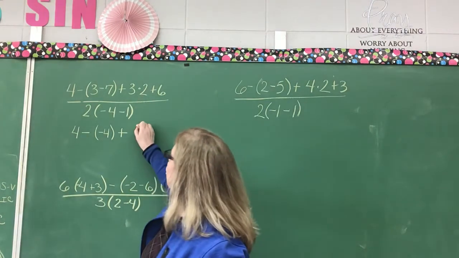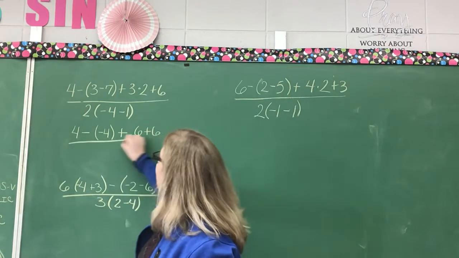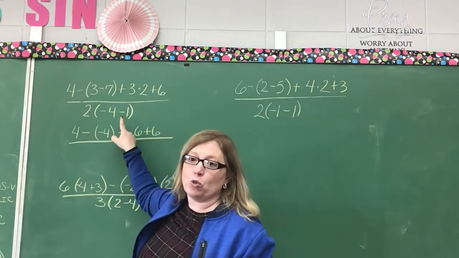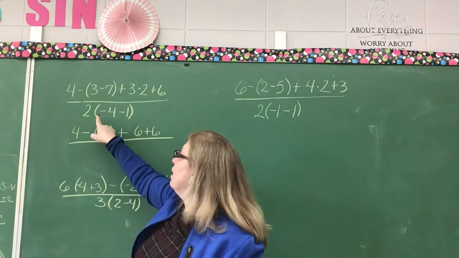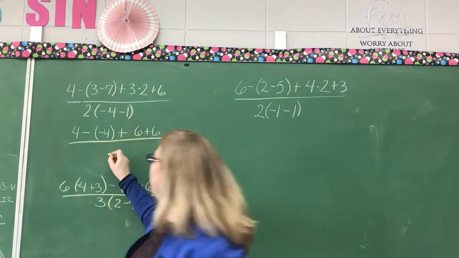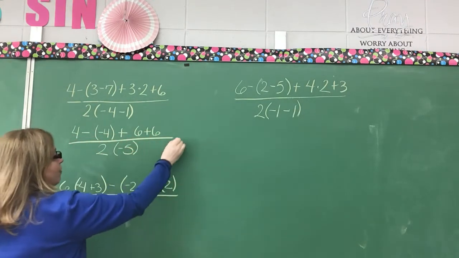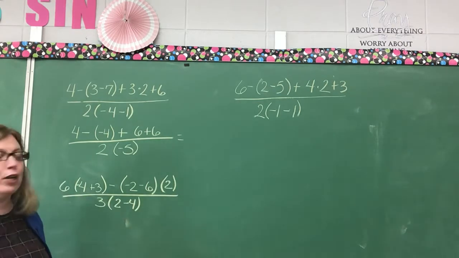So 3 times 2 is 6, plus 6. Then we're going to divide that. Look at this. What do I do first? The parentheses. Negative 4 plus negative 1 is negative 5. So we have 2 times negative 5. Let's bring that over. What are we going to get?